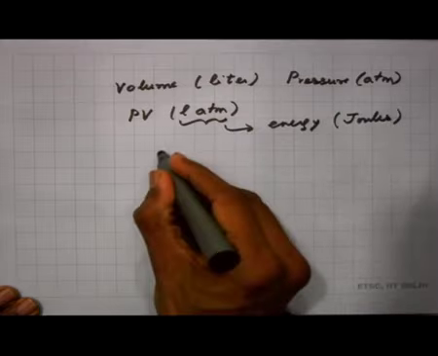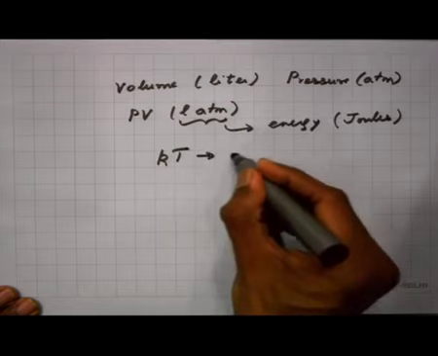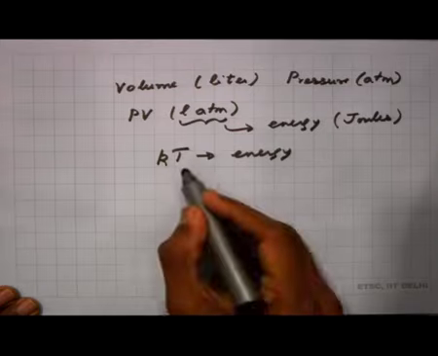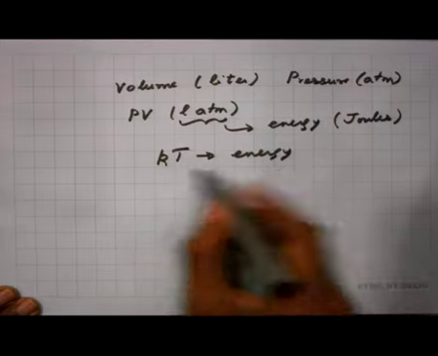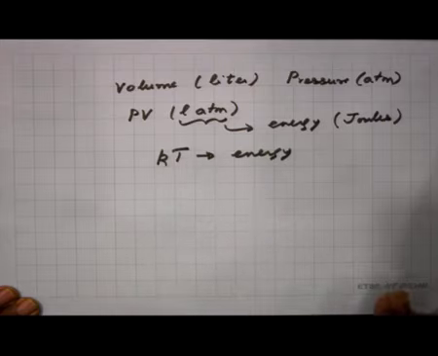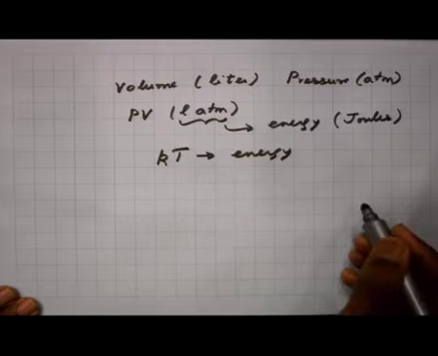So, this product of K times T has to have units of energy, which is one of the reasons why we said that the kinetic energy is related to the temperature through this constant. So, that allows you this deduction between kinetic energy and the temperature.